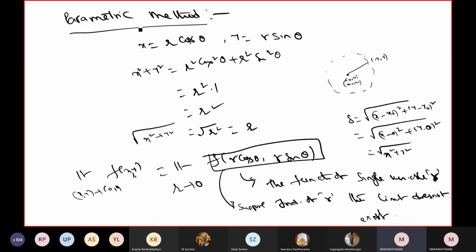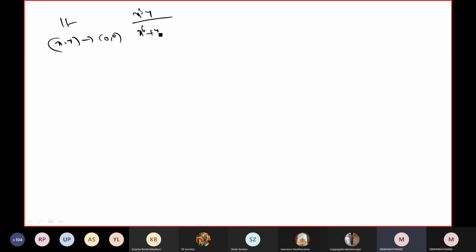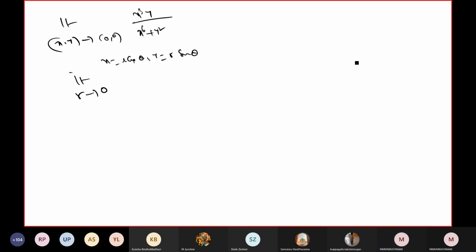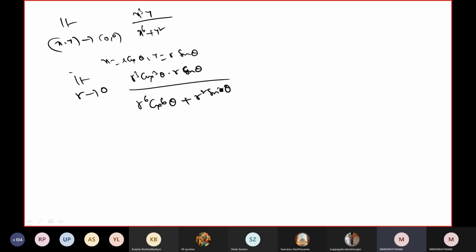Okay, x power 6 plus y square. If I take x equal to r cos theta and y equal to r sin theta, then as I told you, x comma y tends to 0 comma 0 is nothing but r tends to 0, as I explained already. So this is r cube cos cube theta, this is r sin theta, by r power 6 cos power 6 theta plus r square sin square theta.